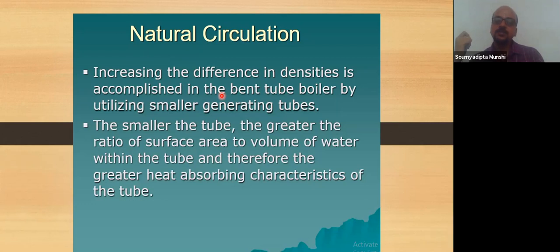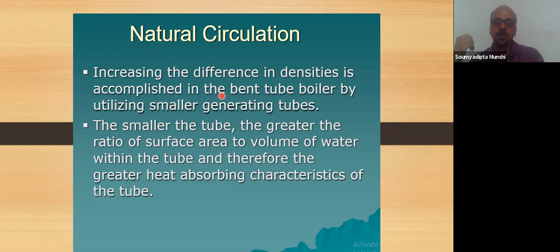If the generating tubes are of smaller dimension, that means approximately all the water circulated through the tubes comes in contact with the water wall.